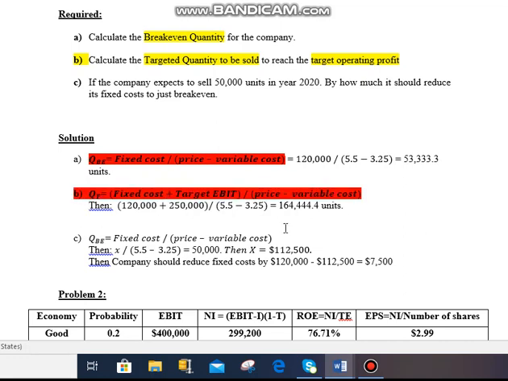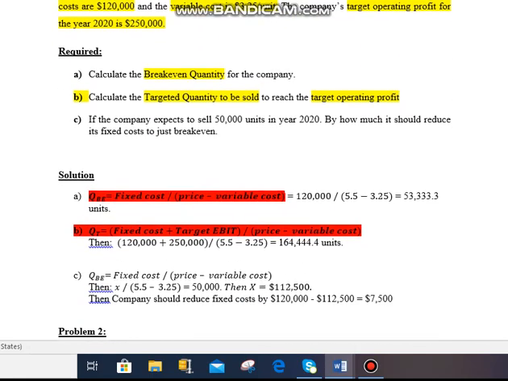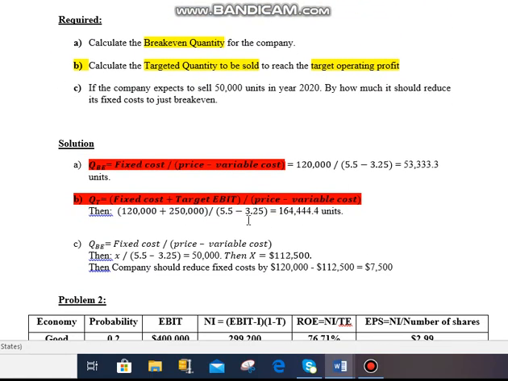So it's equal to 120,000, which is the fixed cost, plus the target EBIT, which is 250,000, over 5.5, the price per unit, minus the variable cost per unit. So we will get 164,444.4 units.